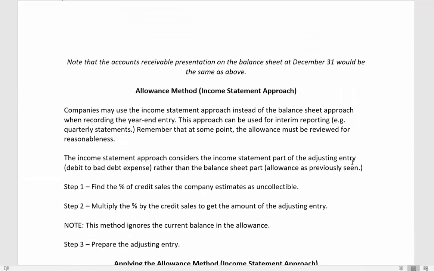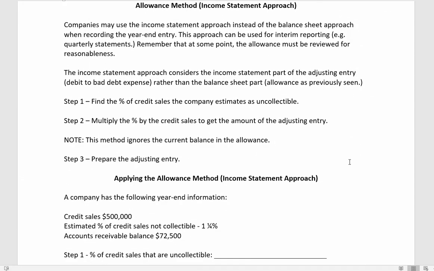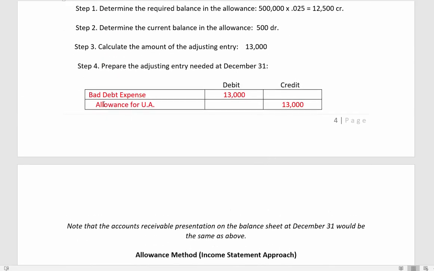And that's another way of determining the amount in the allowance. Okay. All right. So remember that our adjusting entry has two accounts, the bad debt expense and the allowance for doubtful accounts. Every adjusting entry, remember, affects an income statement account and a balance sheet account.